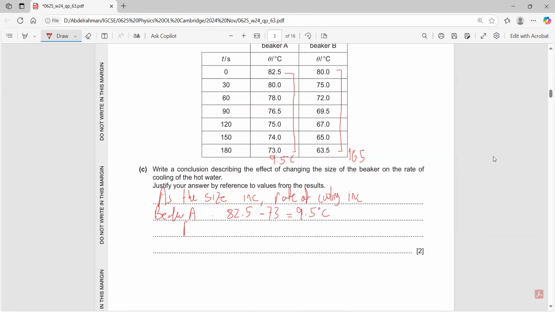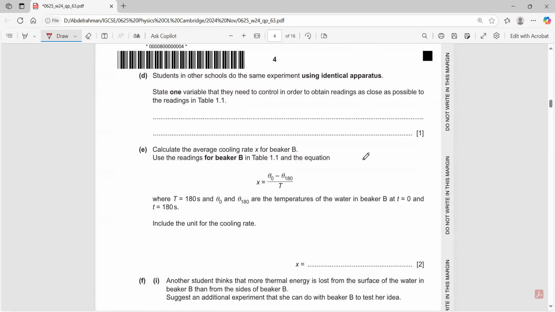In beaker B, the difference was from 80 to 63.5, a difference of 16.5 degrees Celsius. Okay. Students in other schools do the same experiment using identical apparatus. State one variable they need to control: the initial temperature of the water. You can also say the volume of the water.